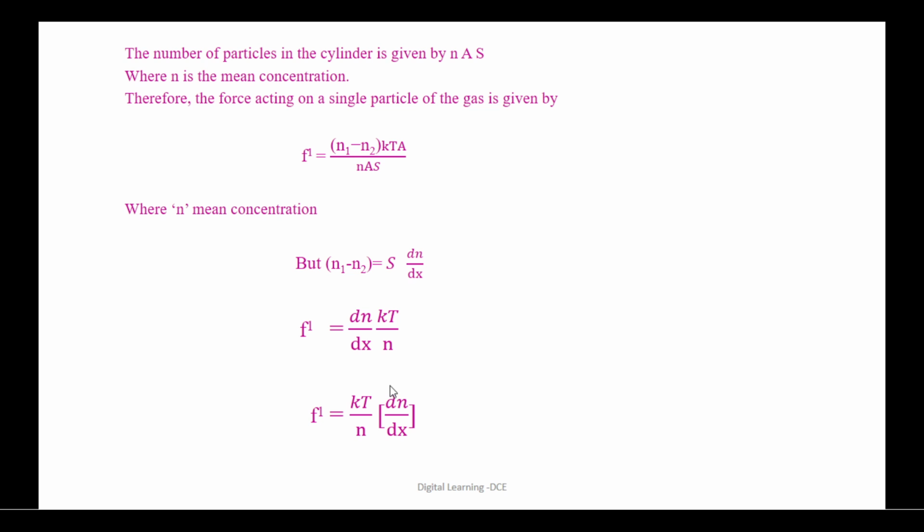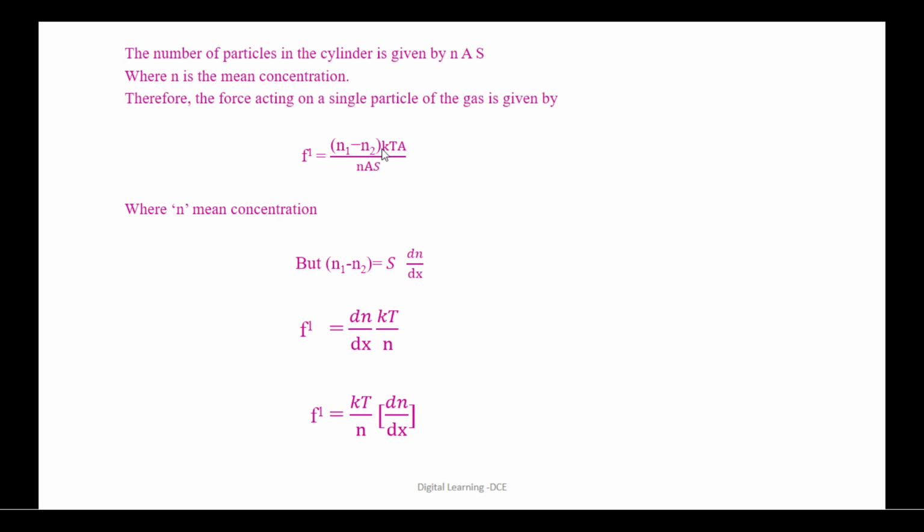So this force is experienced by the total number of molecules within the cylinder. Now we will calculate the force experienced by a single particle within the cylinder. That is given by F dash is equal to (N1 minus N2) kTA divided by NAS. Here NAS represents the total number of gas molecules within the cylinder.